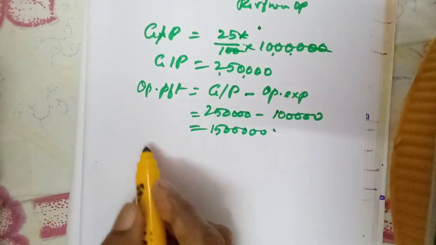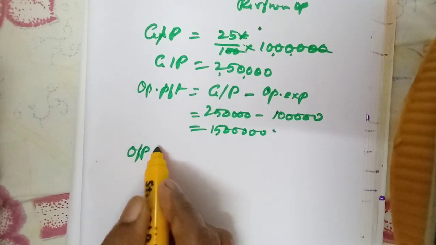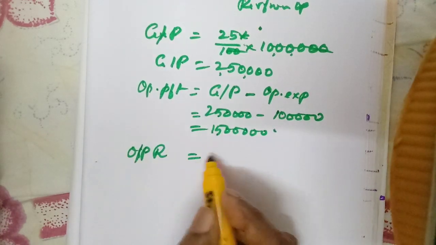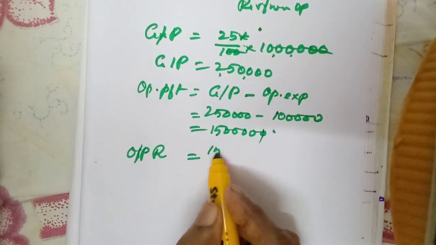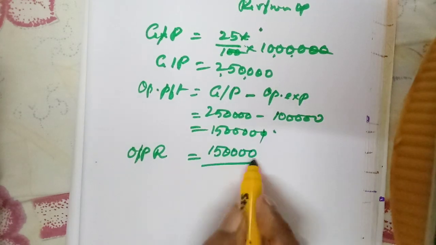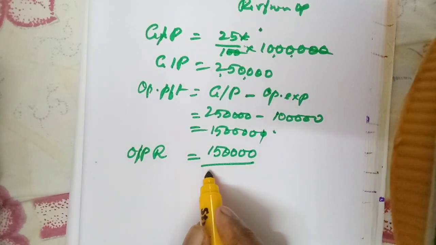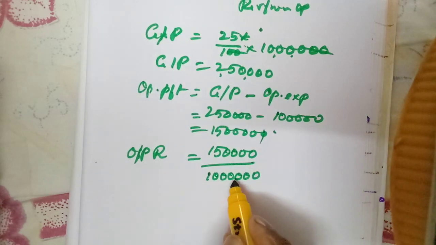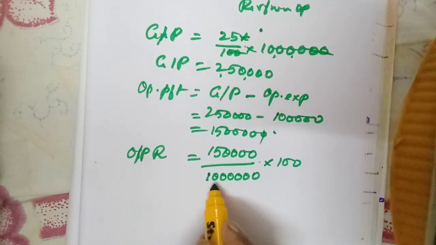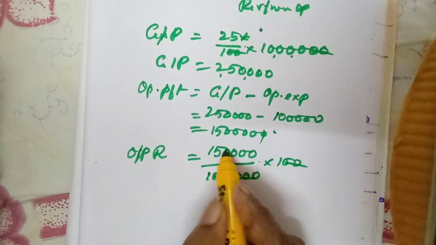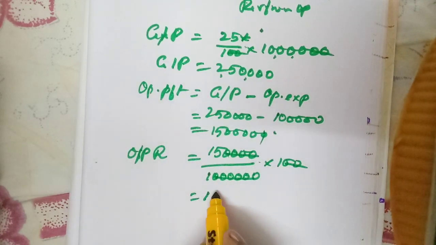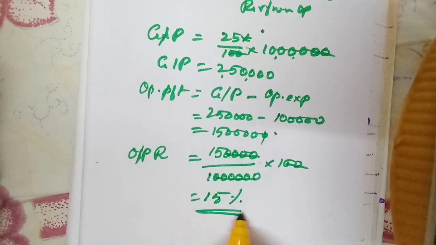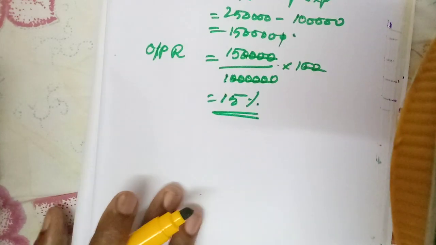Okay, now we will calculate the operating profit ratio. Operating profit 1,50,000 divided by revenue from operation 10 lakh into 100. So what is the percentage? 15%.